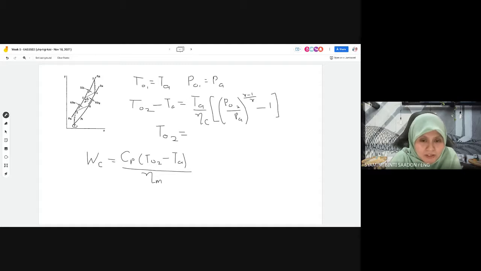CP here we can use in kilojoule, so 1.005 kilojoule per kilogram per Kelvin. So that is WC.